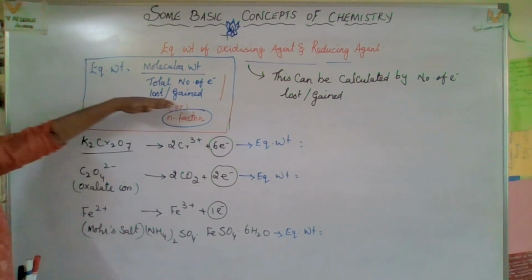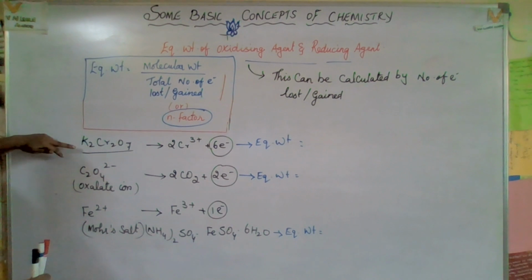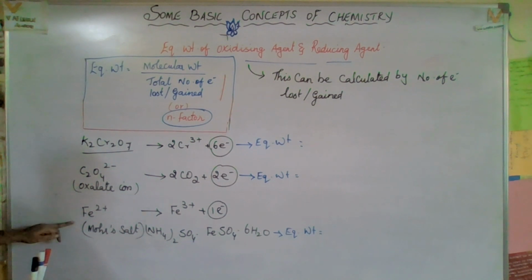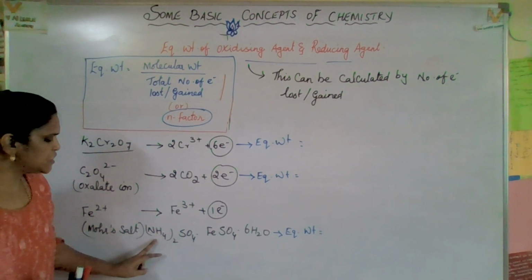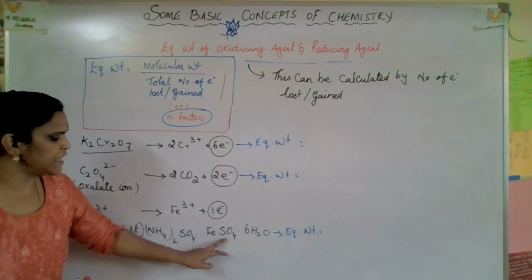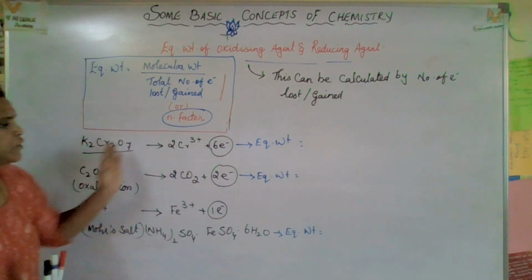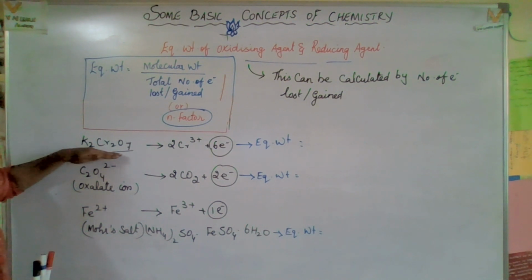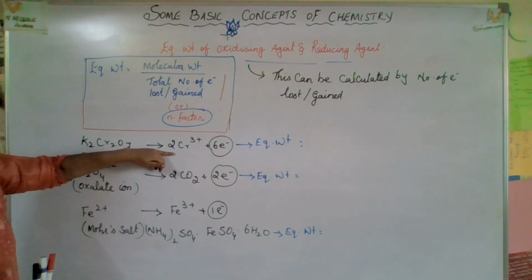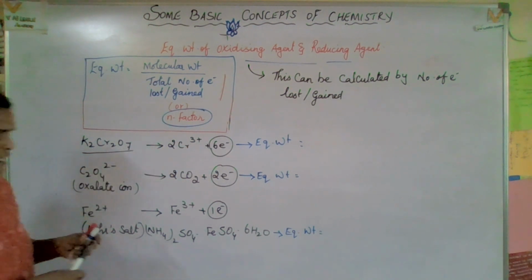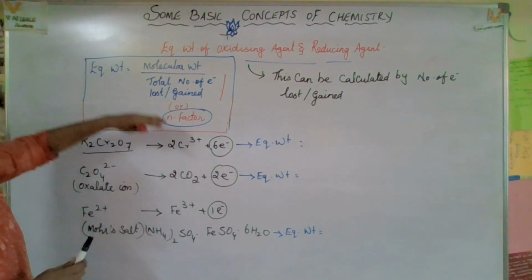Now let us check some more oxidizing agents: K2Cr2O7, potassium dichromate, oxalate ion, and Mohr's salt, NH4 twice SO4, FeSO4, 6H2O. Now let us check the equivalent weight of all these. K2Cr2O7 in acidic medium, you are getting 2Cr3+ and 6 electrons gained. So what is the equivalent weight?